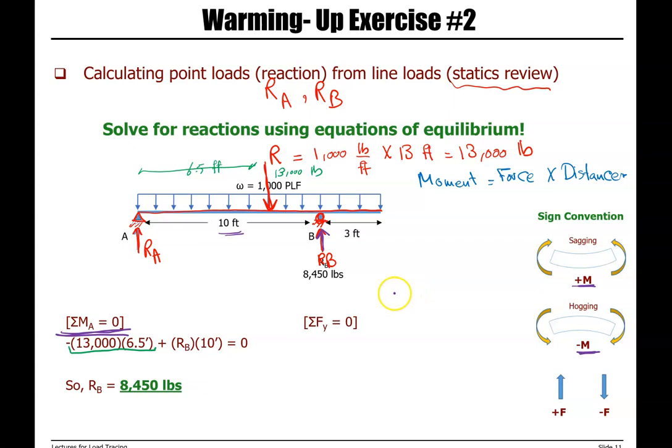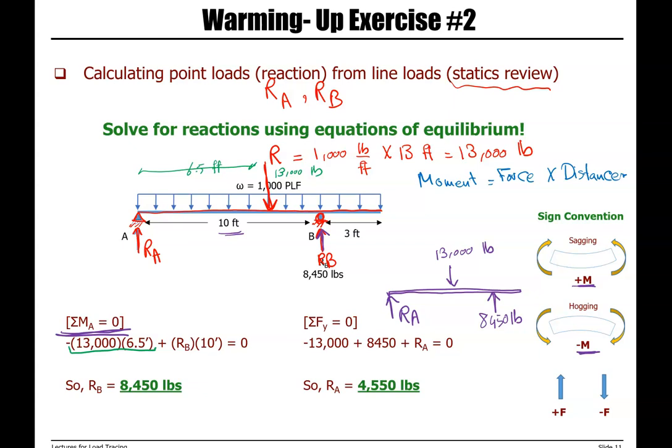Now we want to solve. So here we have the resultant, which is 13,000 pound downward. Reaction of B, we just calculated, 8,450 pound upward. We need to calculate reaction at A. Downward, we use a negative sign.